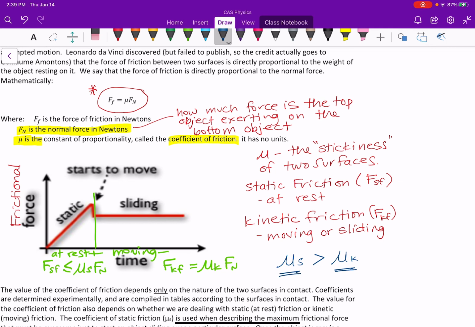Things that are at rest relative to each other have slightly more friction. You have to overcome a greater frictional force, and that's what is going on in this graph, where the maximum value of static friction is actually greater than the value of kinetic friction.